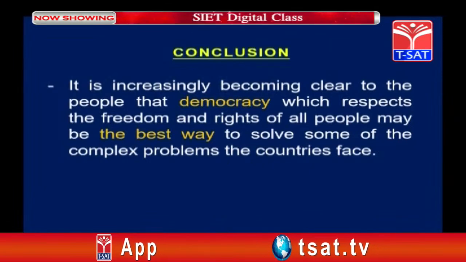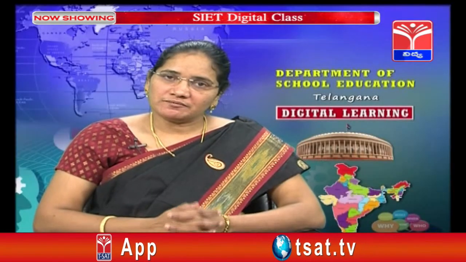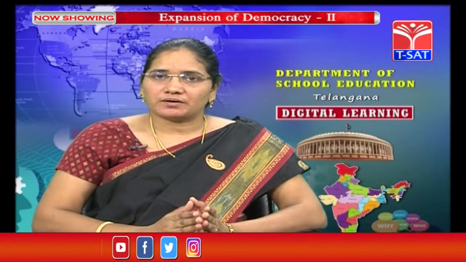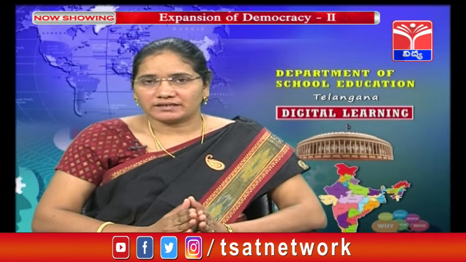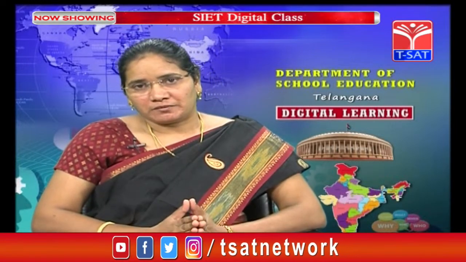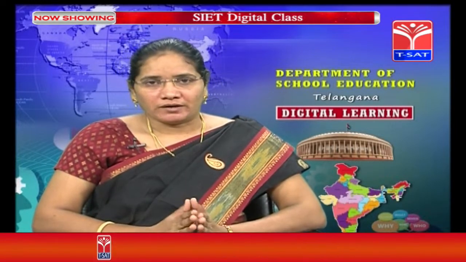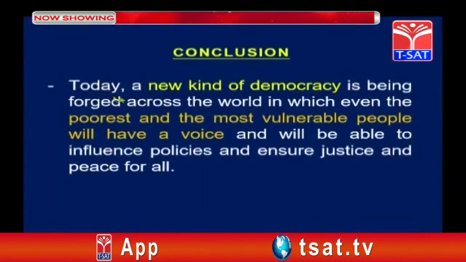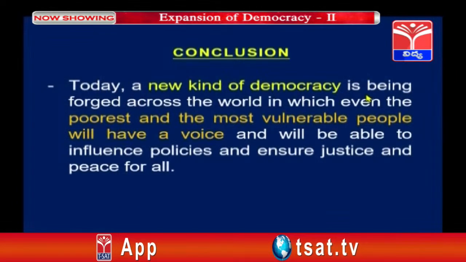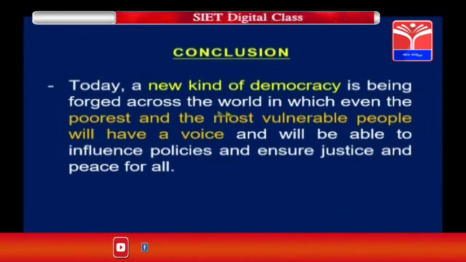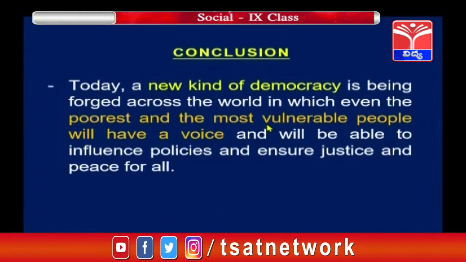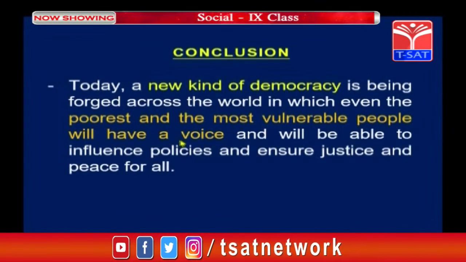So with this we can understand, children, that among different kinds of political systems, whether a dictatorship or communist or socialist or any other monarchy type of government, people wanted their country to be a democratic country. Today, a new kind of democracy is being forged across the world, in which even the poorest and most vulnerable people will have a voice.